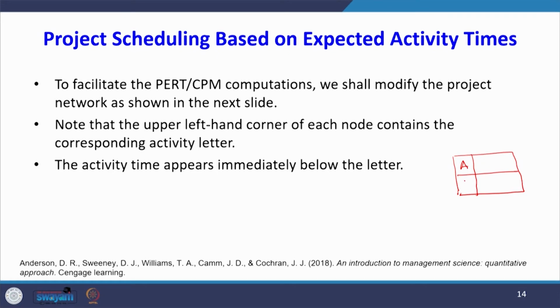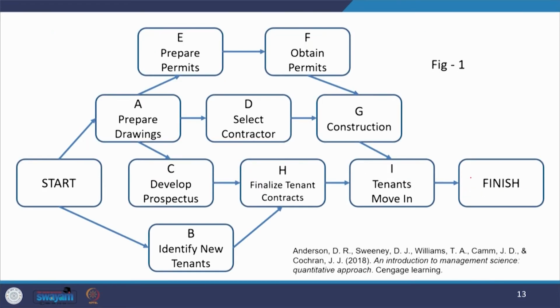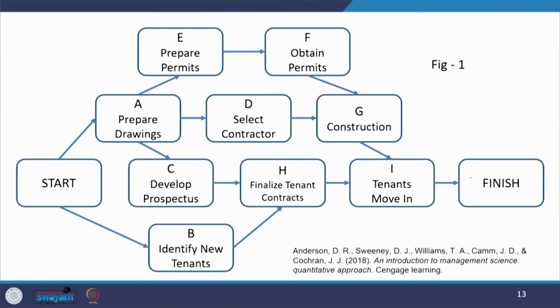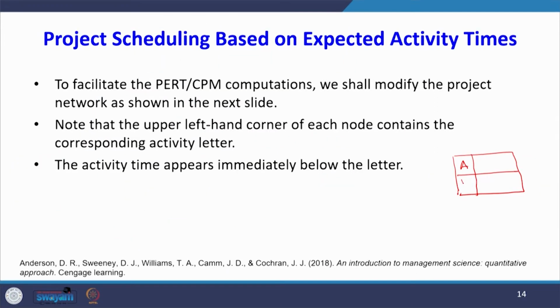If I say some number, for example, for activity A, how much time is taken? Activity A is 5, that is our activity duration, and the activity time appears immediately below the letter.